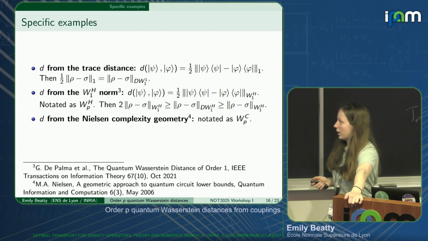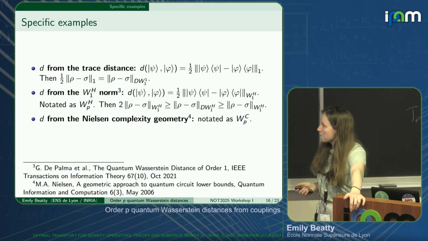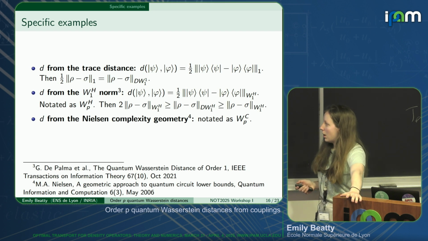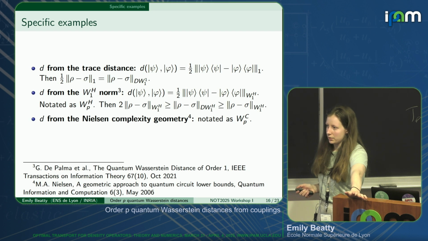The final example that we've looked at, which is a slightly more exotic geometry that turns out to be incredibly interesting, is what happens when you take D to be the complexity geometry defined by Nielsen.